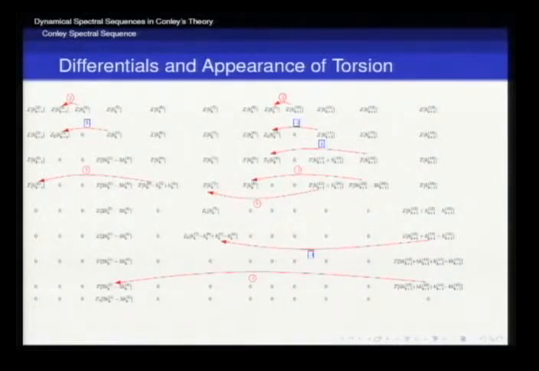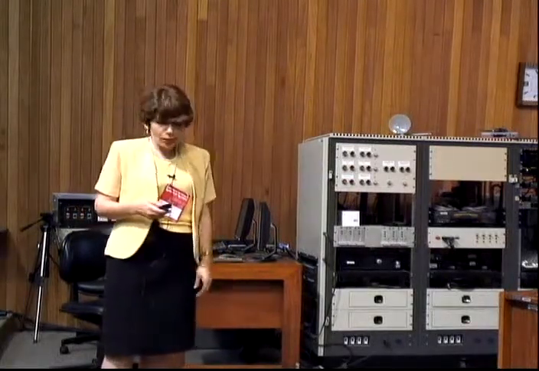At the end, it converges. So these spectral sequences always converge strongly. But then again, for integers, we don't really know how to interpret the torsion that appears. So we don't know dynamically what this means.